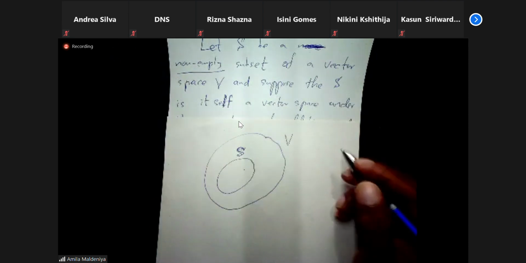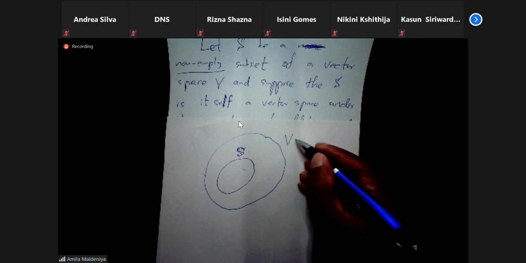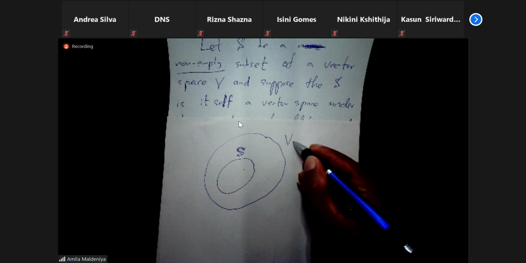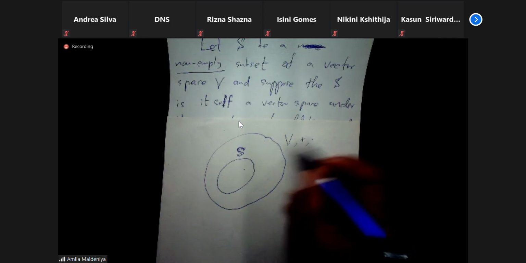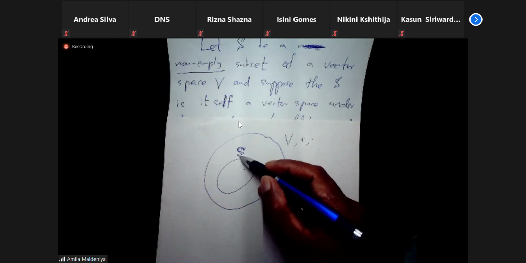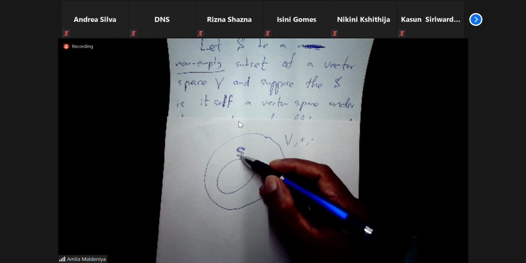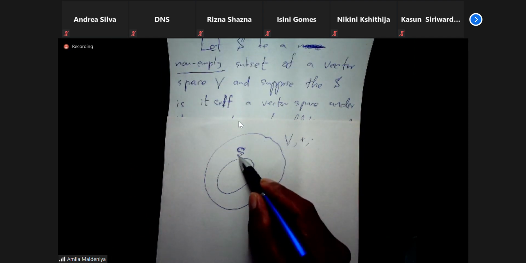If S itself is a vector space, it should have two operations, addition and scalar multiplication. We already know V is a vector space, therefore it has addition and scalar multiplication. Now we are focusing on S. In order for S to be a vector space, there should be two defined operations, addition and scalar multiplication. So what should the addition and scalar multiplication be here?